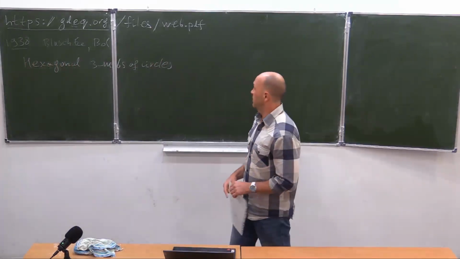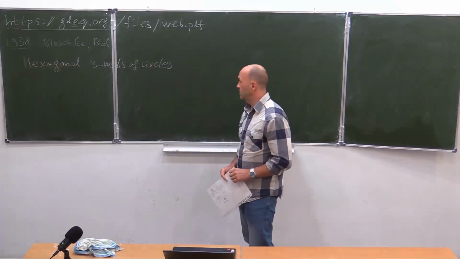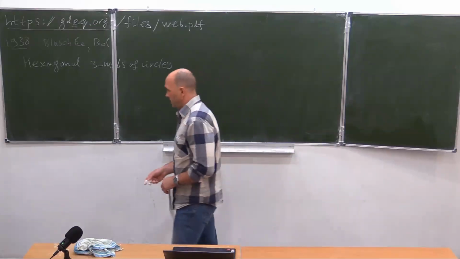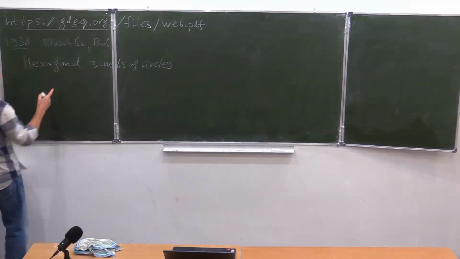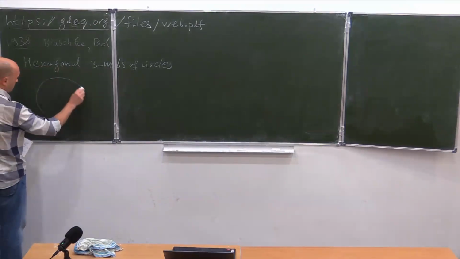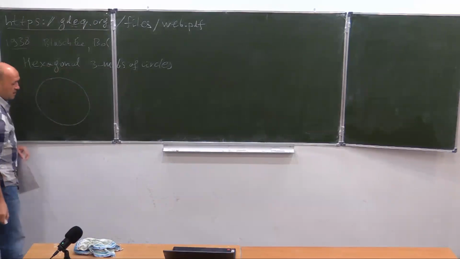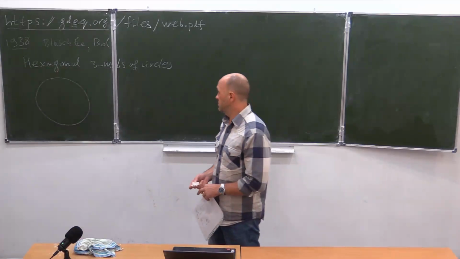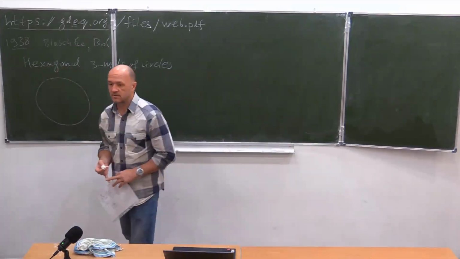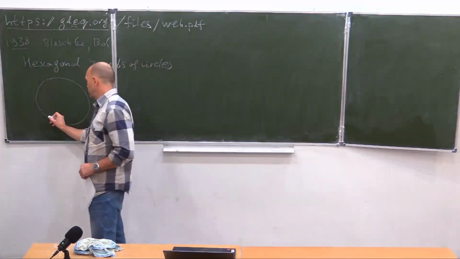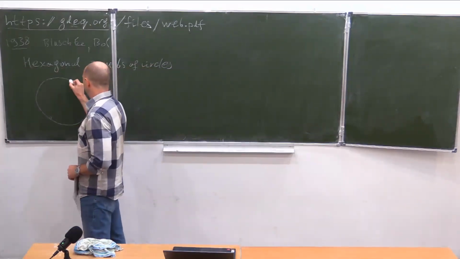Now I will explain what every word in this title and this problem means. I will explain it with an example. You can now open the first pages of this file. I will start with an example, which is simple to explain. So let us consider a circle and fix on this circle 3 points.